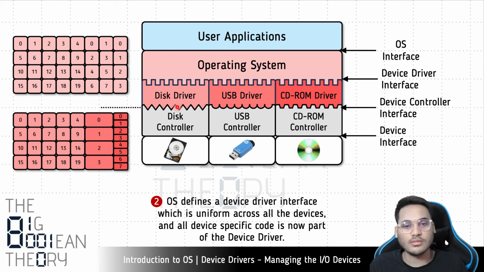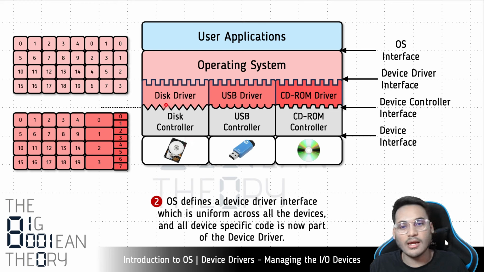Let's say the command is to read some blocks. Even if we have to perform the same operation, the exact commands that will be given to the disk will be different from the commands that will be given to a USB stick, right? So the driver has to convert the device neutral commands into device specific commands.